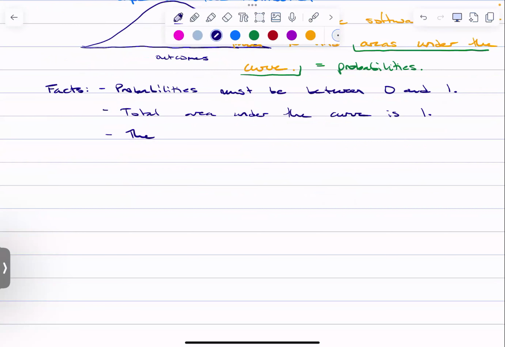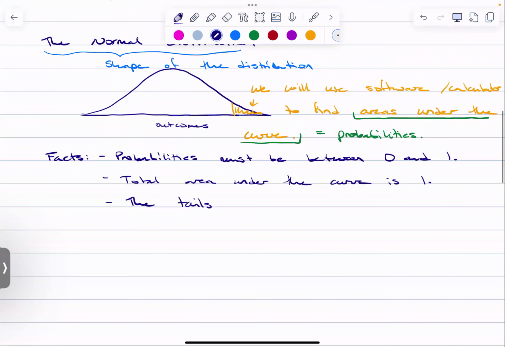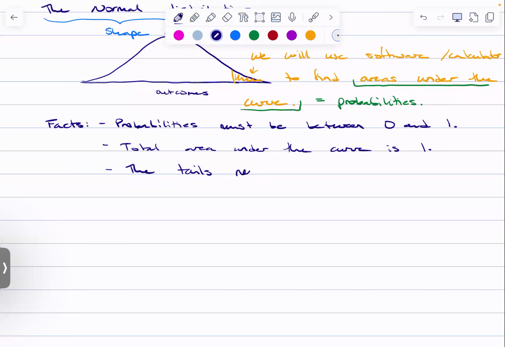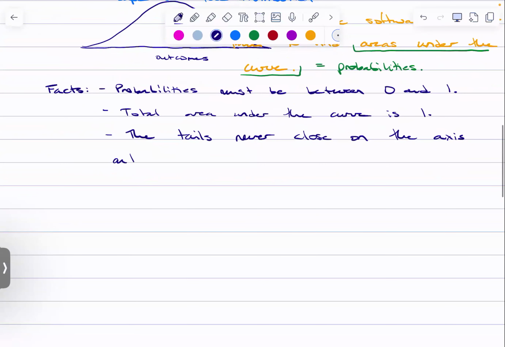And so the tails, and by the tails, I mean this little guy here, the tails never close on the axis and continue, I'll say in theory, to plus minus infinity.